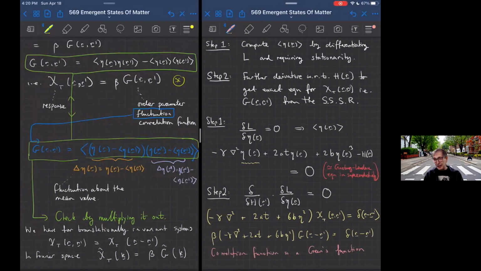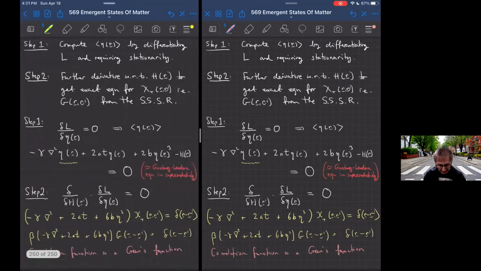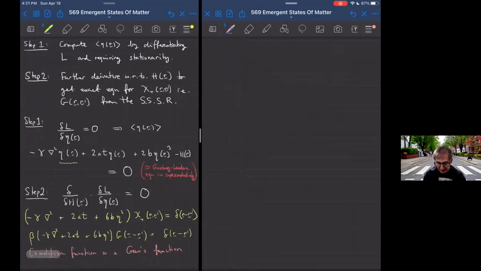And so it's the Green's function of the operator on the left-hand side. And so response, correlations, and Green's functions, they're all the same thing. Okay, so this is the result. This is a differential equation.